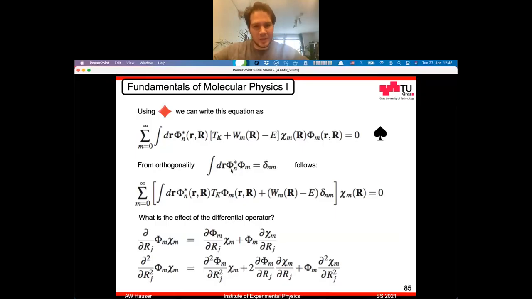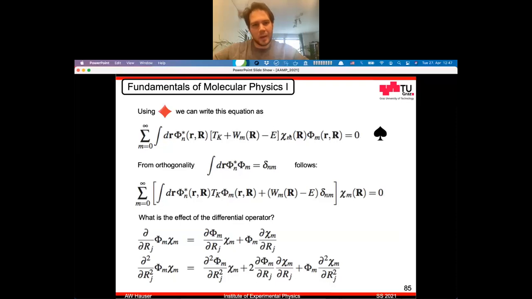Okay, so with this knowledge I can simplify, because T is an operator, here I can't do much, but this is just a function of R, and this is a constant.